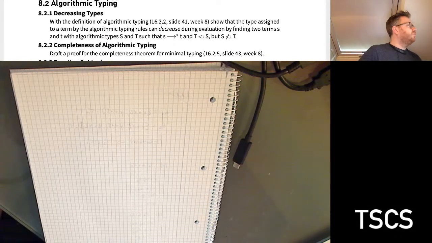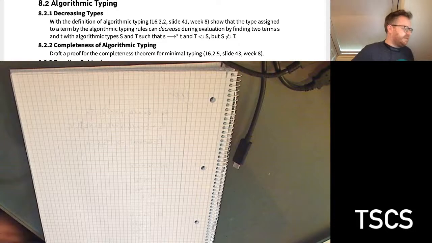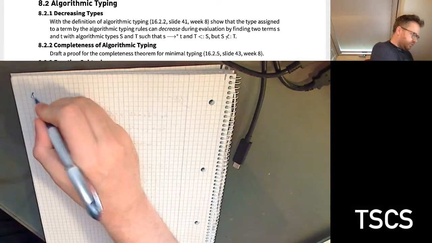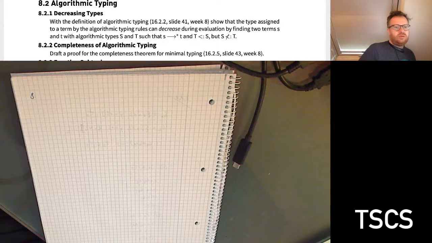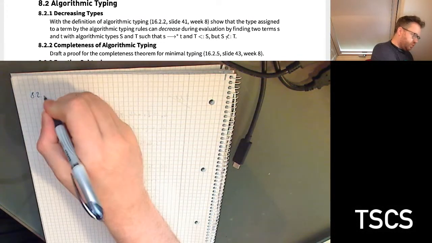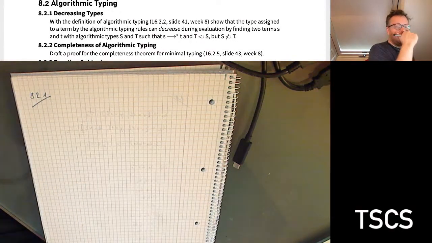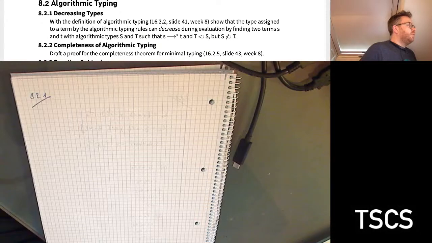Good. How do we go about this? Well, let's formalize this a bit, what we have in this exercise. So 8.2.1. What do we have there?